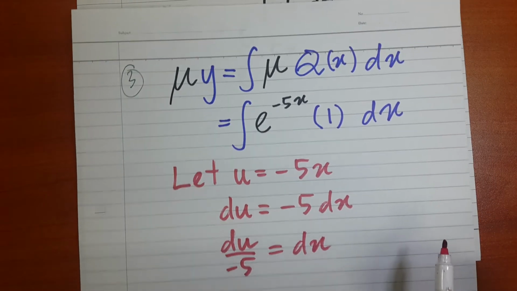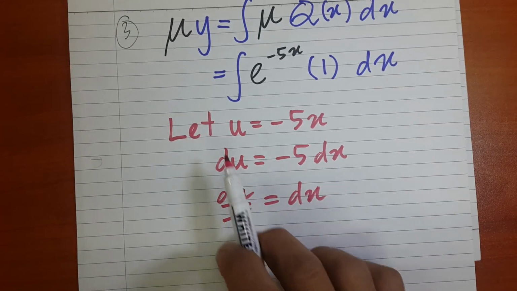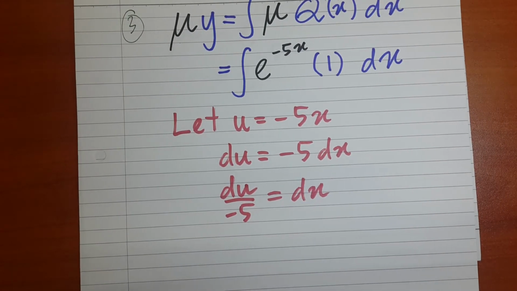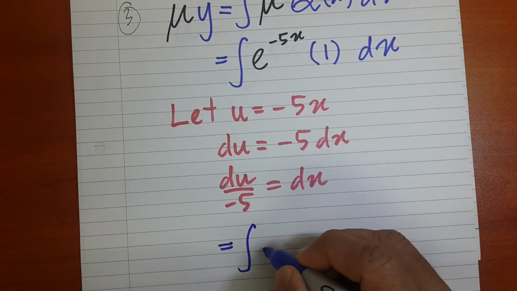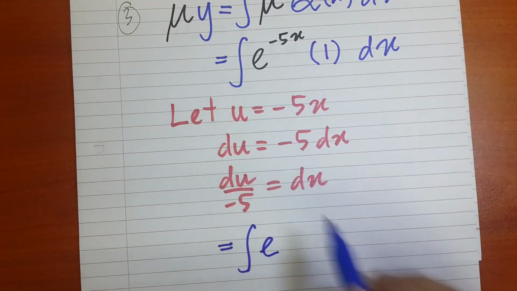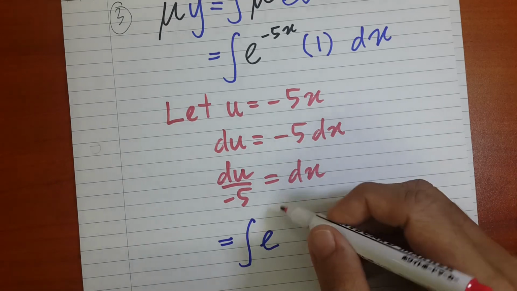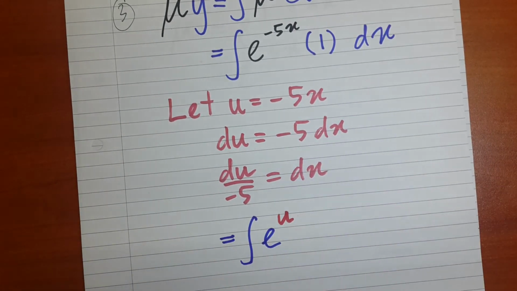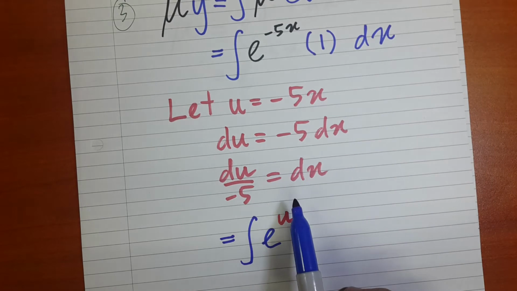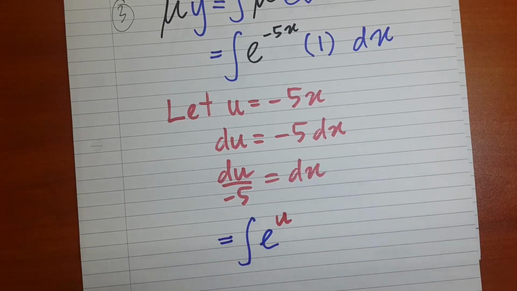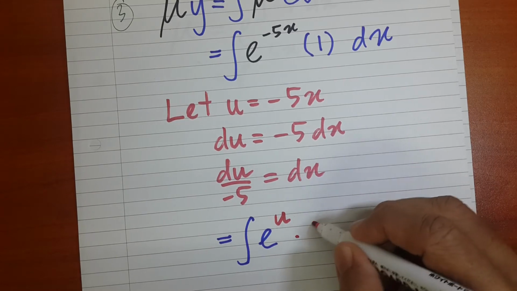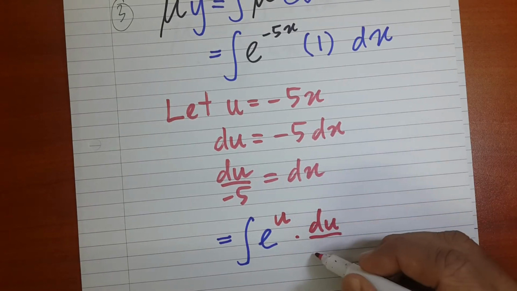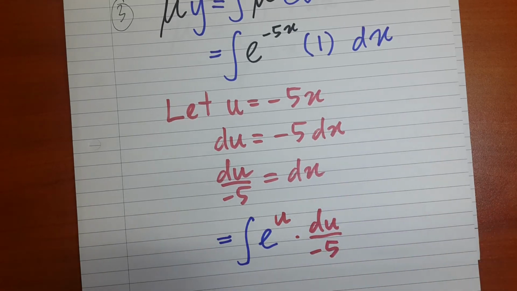Alright, so now that we have u equals negative 5x, we can substitute into our integral, right? So e to the power of negative 5x, substitute with e to the power of u, and dx substitute to du over negative 5, right?